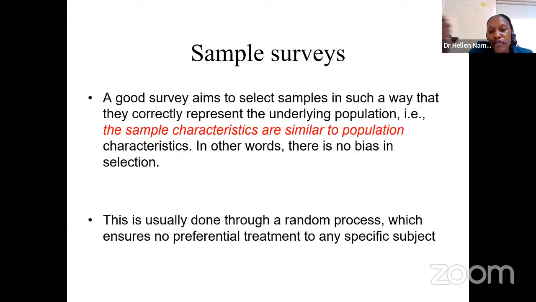As we move out to do our surveys, all these factors have to be put into consideration, because by the end of the day, what we need to avoid is biased selection. Usually this happens in a random process. You don't have any specific treatment that you're going to do. Most of the time, this is done using a random process.